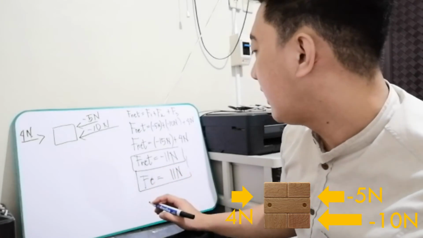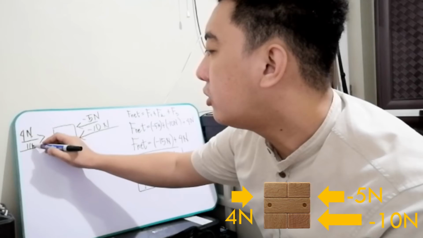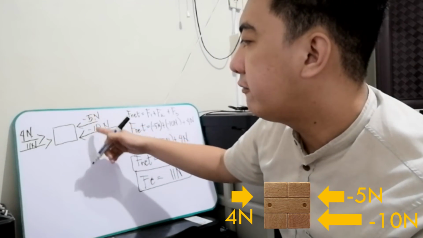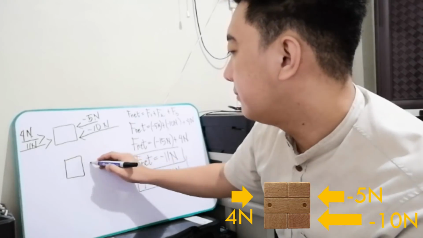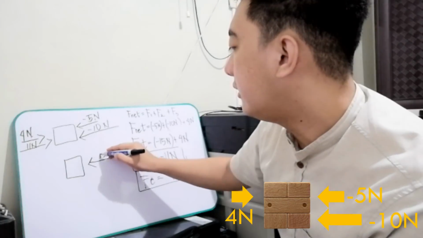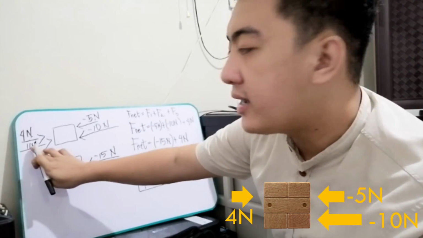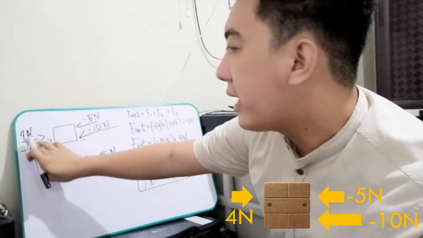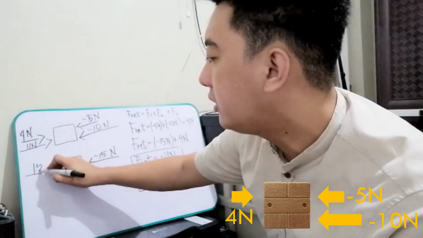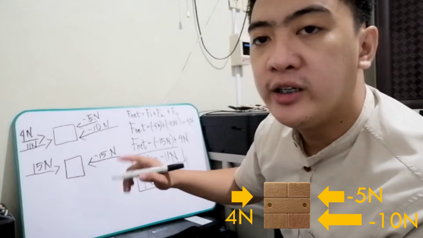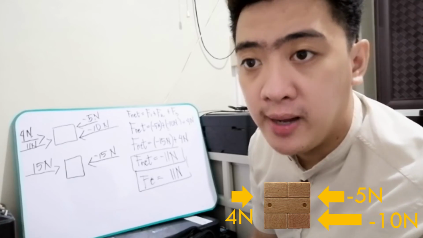So meaning to say, kailangan ng another 11 newtons dito para mabalanse. Kasi negative 5 plus negative 10 is negative 15 newtons. Pinagsama mo yan. So kailangan daw ng another 11 newtons dito para mabalanse. So 4 plus 11 is also 15. Positive 15 newtons. So therefore, the object is said to be balanced, or the force is said to be balanced.